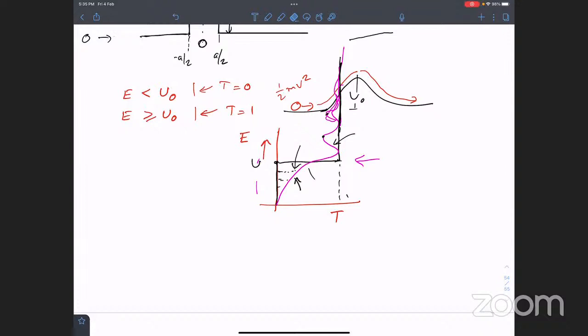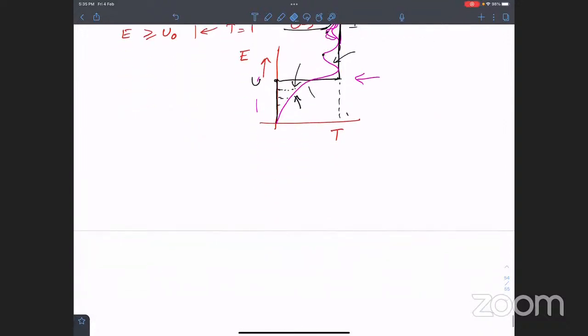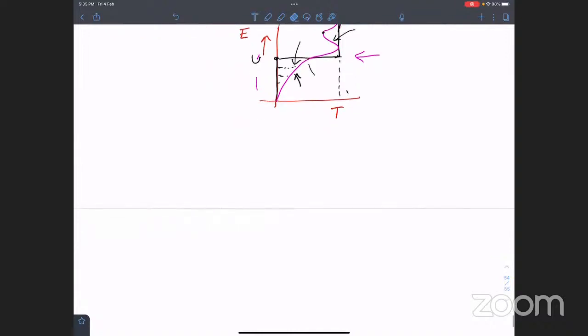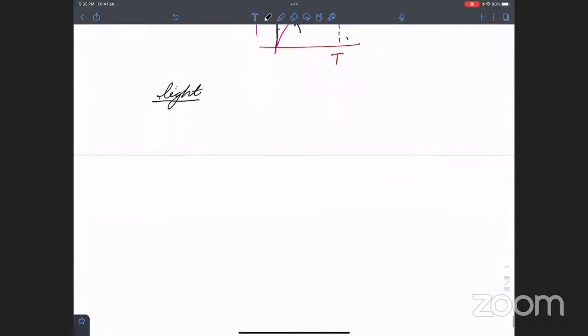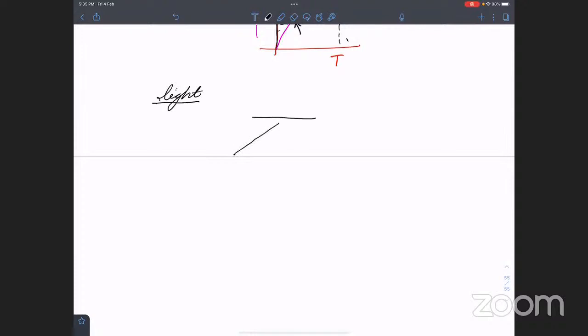Tunneling is much easier to understand if, rather than looking at electron waves, we look at light, for example. You have seen this much: light also does tunneling. In fact, we're going to look at total internal reflection. Remember total internal reflection?